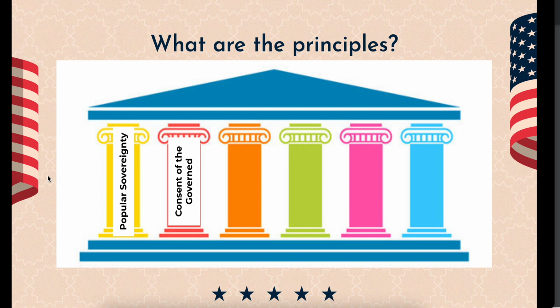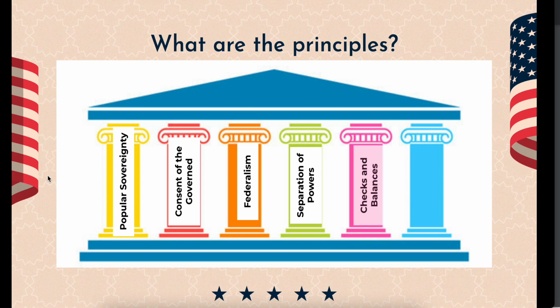Again, right now we're just getting the information down, so just jot it down. The next principle is federalism. Federalism. The next one is separation of powers. The next is checks and balances. And the last one is individual rights.